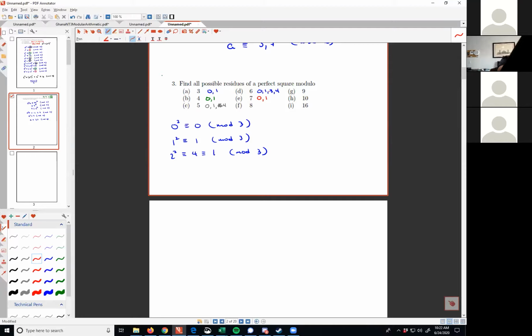How about modulo 8? Zero and 4. Yeah, that's kind of nice.